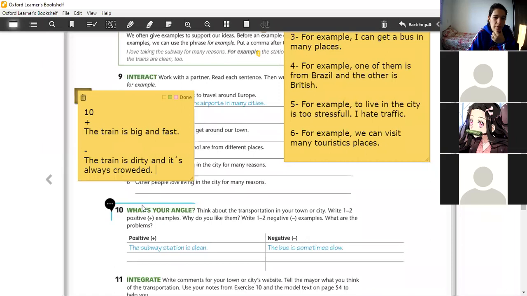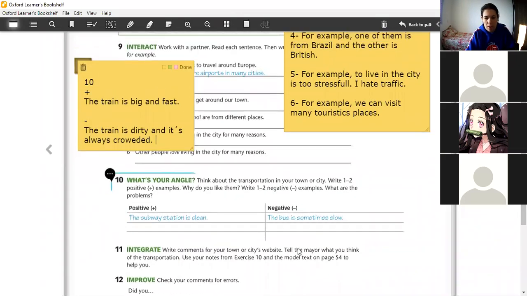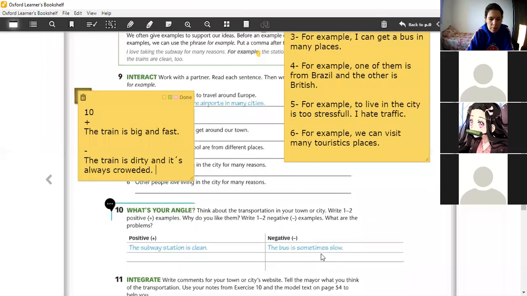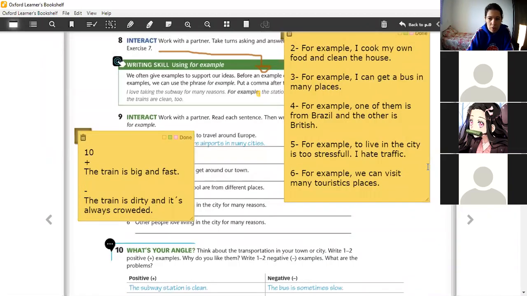The train's dirty and always crowded. I'm not sure if it's correct, but I will check. Eu não tenho certeza se é assim que escreve, mas eu vou conferir. Let's continue. Yes. Can we change the page?